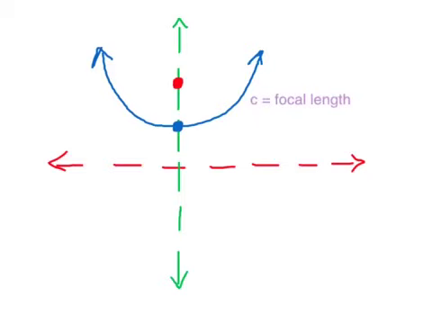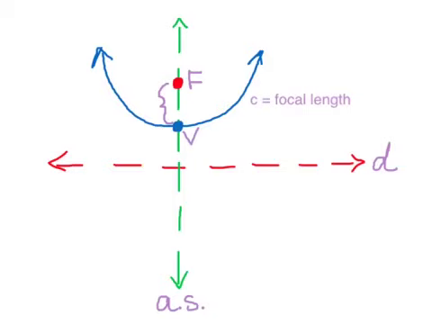So here's another parabola going in a different direction with all of the pieces here. We have the directrix, we have the focus, we have the vertex, and we have the axis of symmetry. And another piece that we didn't talk about on the last slide is the distance between the focus and the vertex.